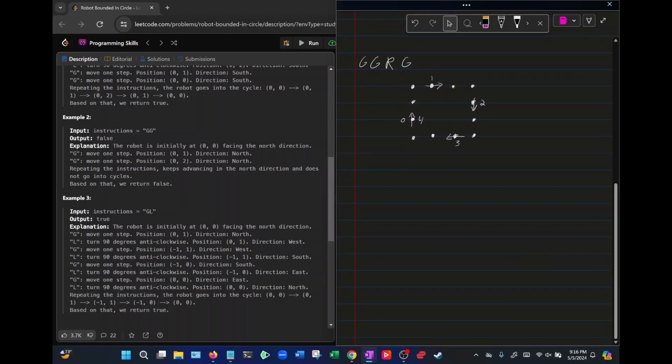What's another example that we could have? Let's say we do the same movement. We end up at the same spot, but let's say we turn around.